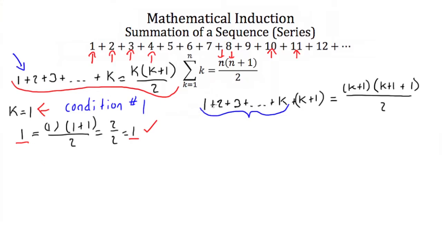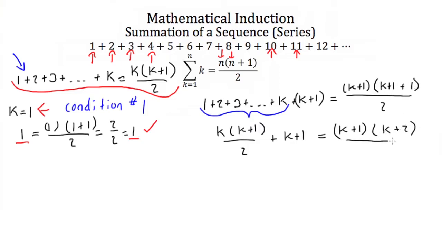So I can substitute all of this in for k times k plus 1 over 2, because this is equal to 1 plus 2 plus 3 all the way up to k. We still have a k plus 1 on the outside, and this is still equal to k plus 1 over k plus 1 plus 1, which would be k plus 2, over 2. So now that I've done this substitution, my objective is to prove that these two sides of this equation are equal.